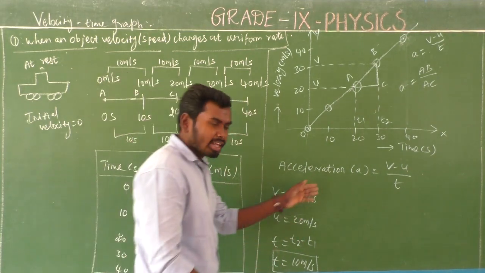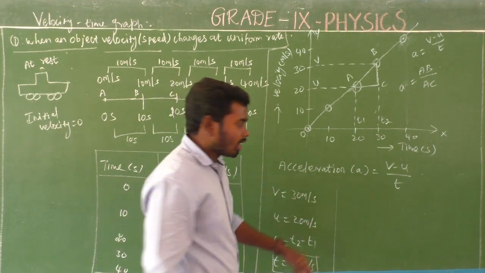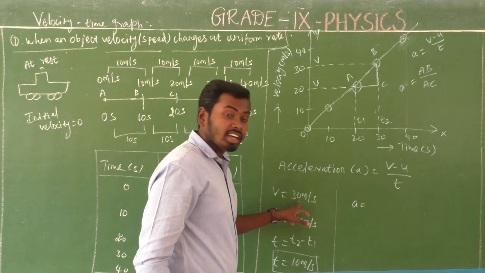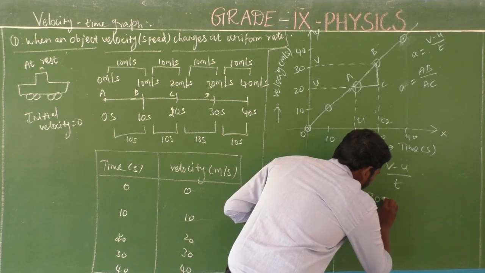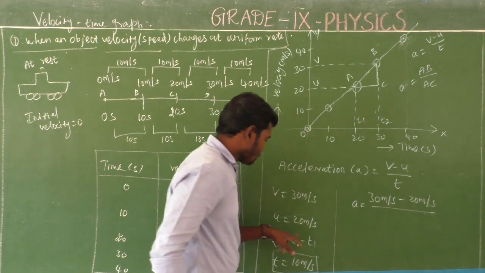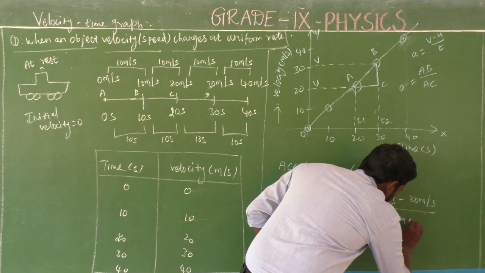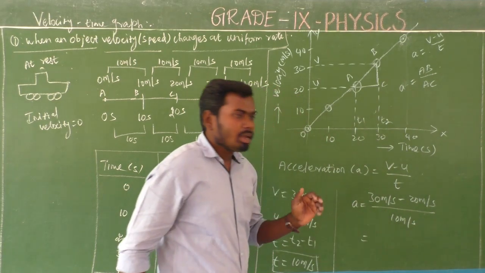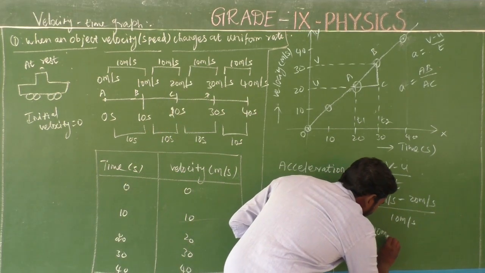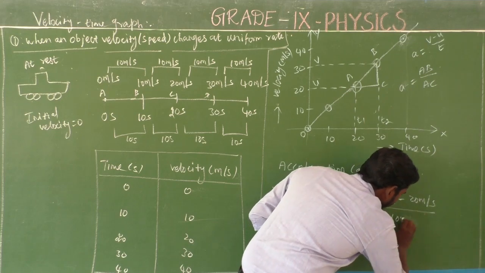Is it clear? Now substitute all these values in the acceleration formula. So A is equal to the final velocity, 30 meters per second, minus the initial velocity, 20 meters per second, divided by the time, 10. 30 minus 20 is equal to 10 meters per second, divided by 10 seconds.